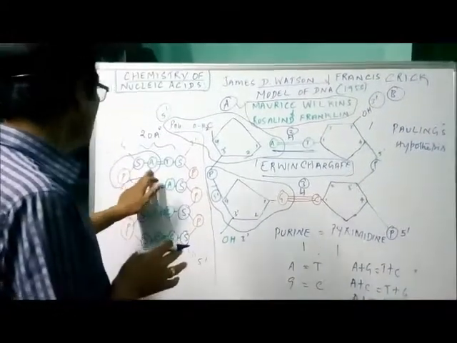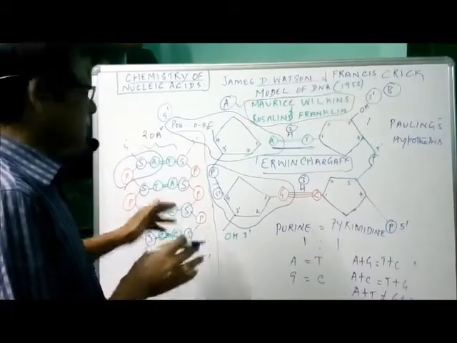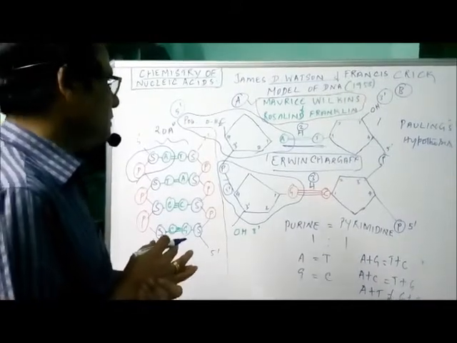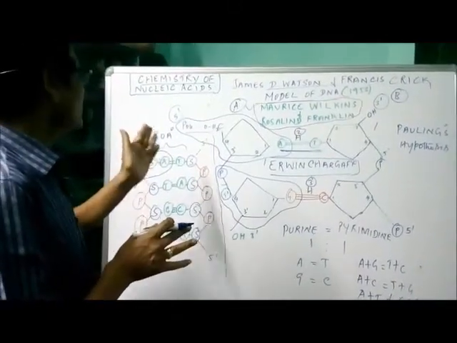This is a purine and this is a pyrimidine, so the bases or nucleotides are arranged alternately, giving a constant diameter of 20 angstrom between the 2 strands.